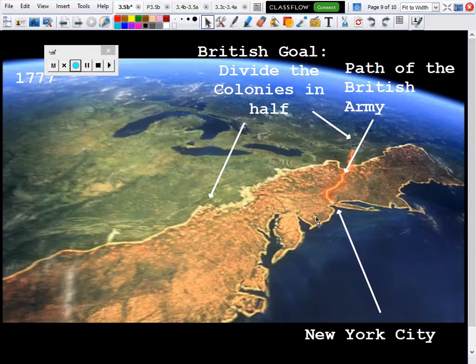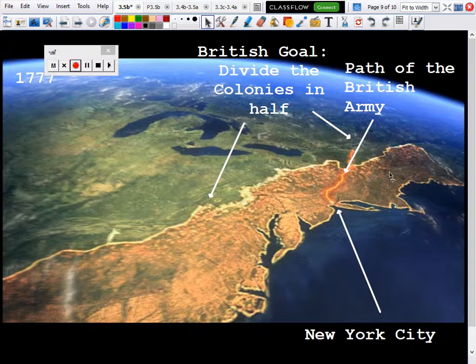Here's an overhead planetary view of the colonies. We've got the northern colonies over here, southern colonies down here. And you may remember in Massachusetts where the revolution started, Lexington and Concord, Boston, the British lost control of Boston, and they were having a lot of failures in the Massachusetts countryside.